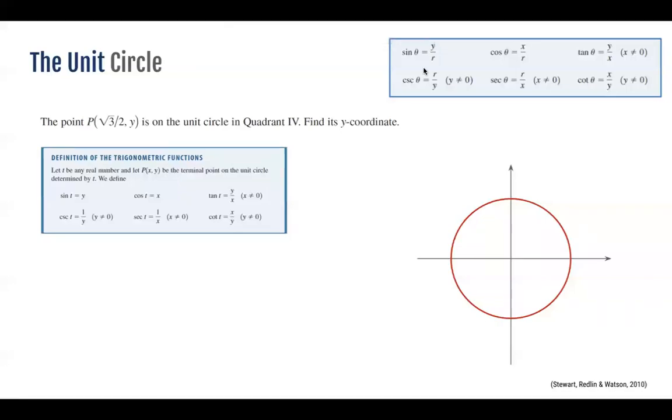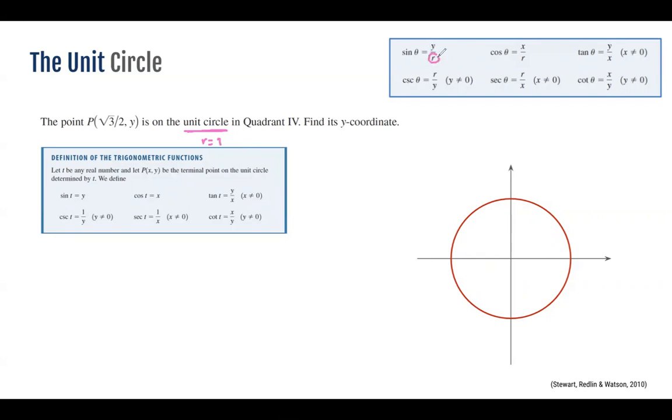Now, whenever we are told or we read any instruction stating that we're on the unit circle, the ratios are going to be found in the same way as before, but with the restriction that r is 1. The radius is 1. That's why we call it the unit circle.